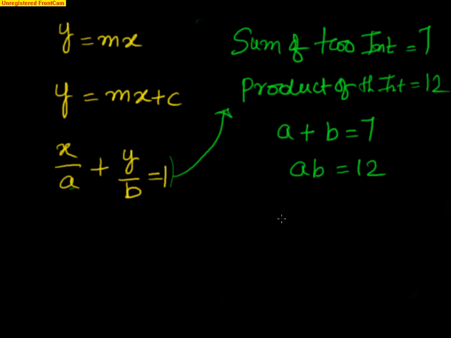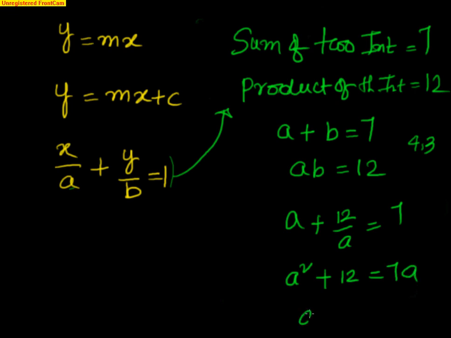Now you can solve this by intuition and say that it's 4, 3 because 4 plus 3 is 7 and 4 times 3 is 12. Another way of doing it is a plus b equal to 7, where b is equivalent to 12 by a. So a square plus 12 is equal to 7a. a square minus 7a plus 12 equal to 0.